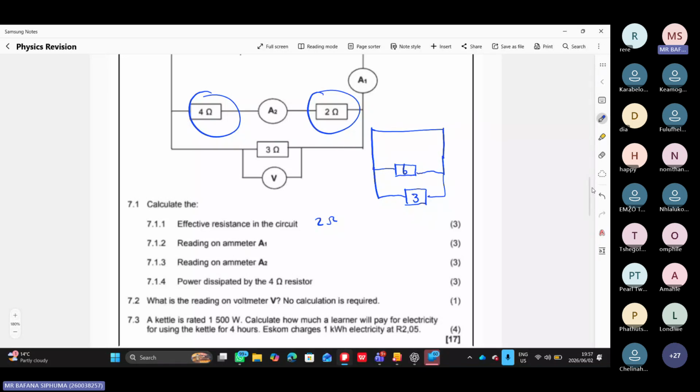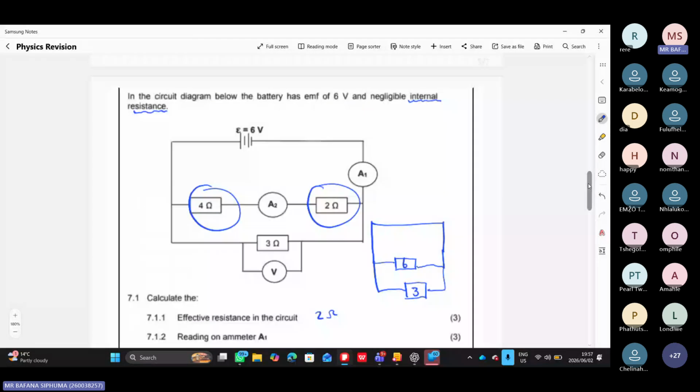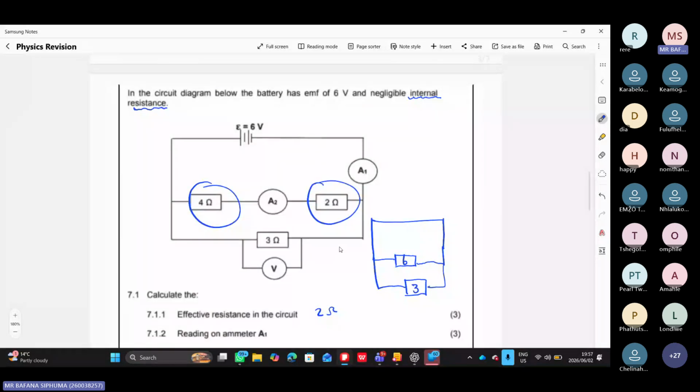First of all, what you need to know is that A1 is reading the total current. Ammeter A1 is reading the total current. Because when the current moves out like this on my battery, it's going to divide here. The other current moves on that branch, the other one moves on this branch right there, like that.